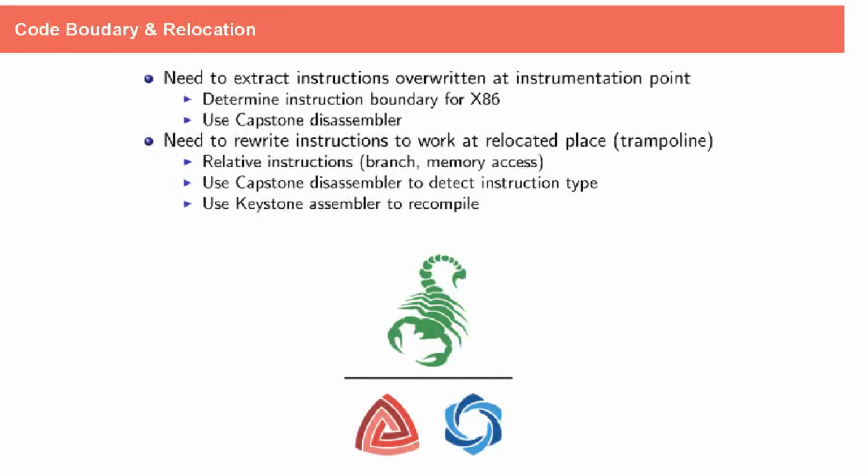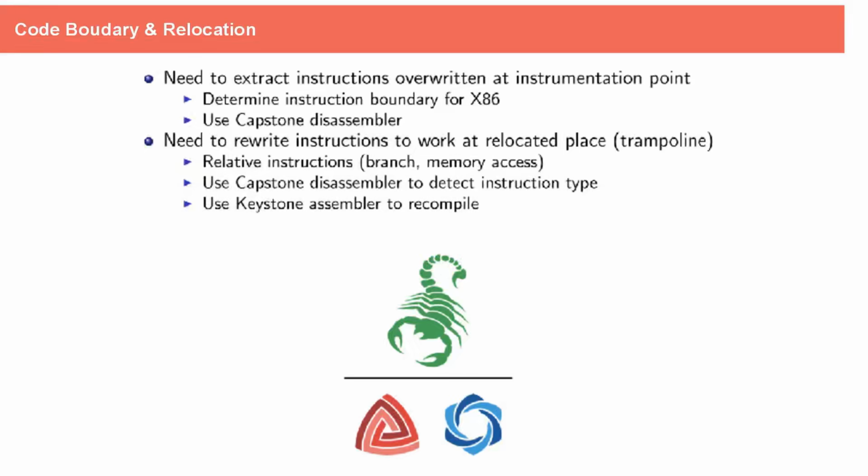So how do we build Scorpio? Scorpio is built on top of two other frameworks of mine. It depends on Capstone to extract the code from the original place, so it knows the boundary where to override. And remember that we need to rewrite the code, right? So I use another framework, Keystone, to write the new code to relocate the code.